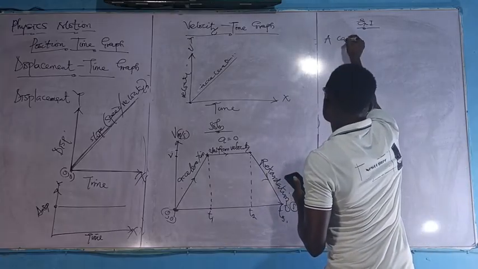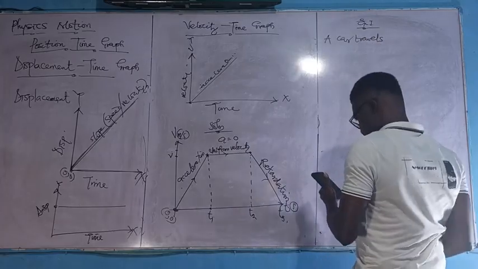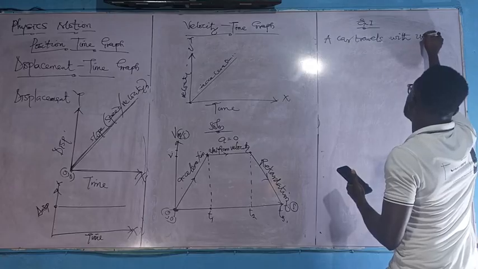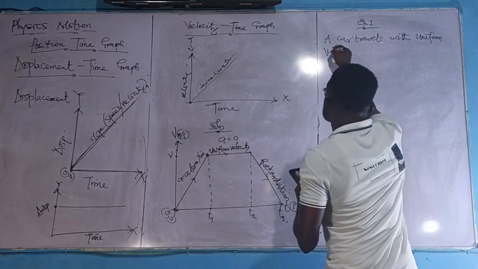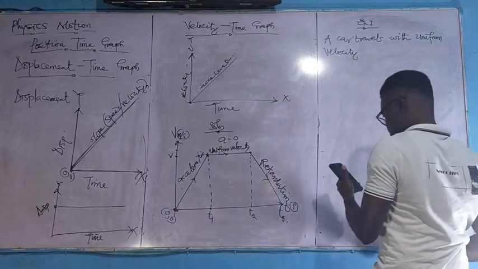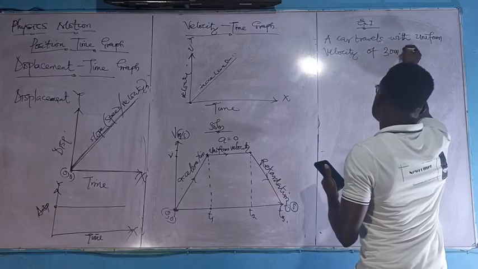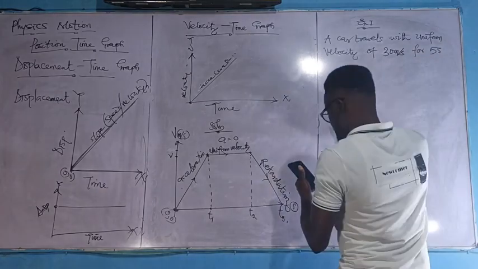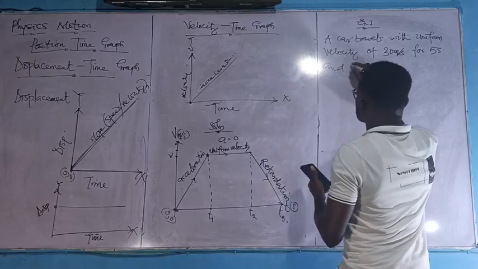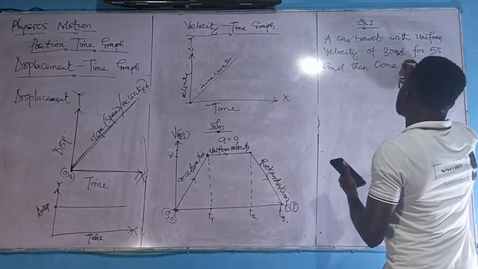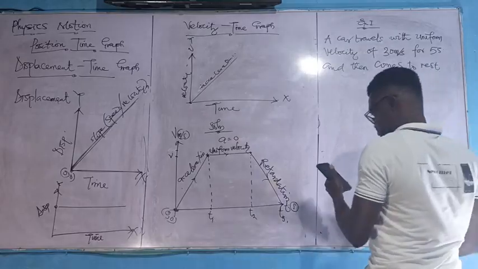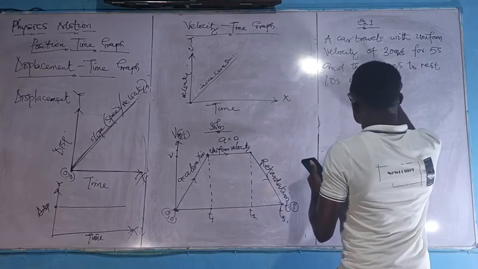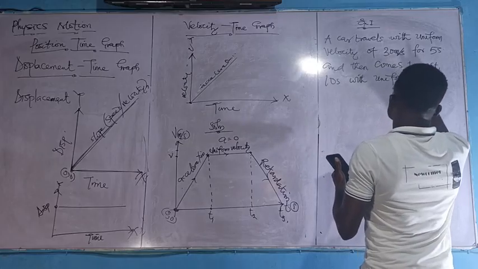A car travels with uniform velocity of 30 meters per second for 5 seconds, and then comes to rest in 10 seconds with uniform deceleration.